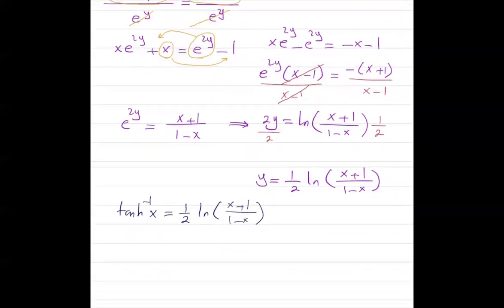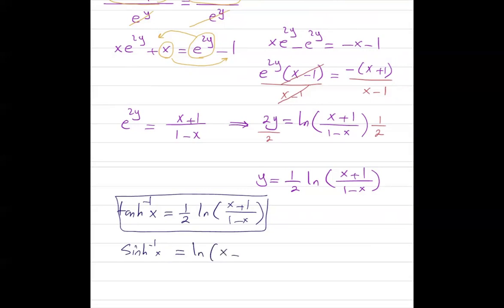We also proved that inverse hyperbolic sine is equal to ln of x plus square root of x squared plus 1.